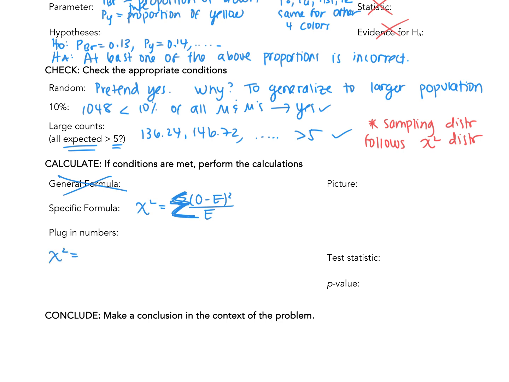So you will show the first one. So that is the 123 subtract 136.24 squared over 136.24 plus, and then the last one. So the 134 subtract 136.24 squared over 136.24.